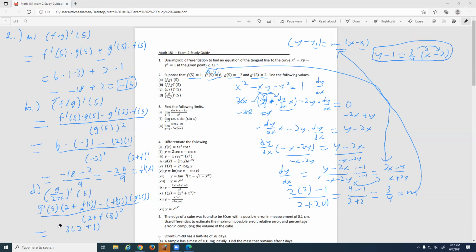So let me go ahead and catch that really quick. All right, so that should just be 2, and then minus, so f prime of 5 is 6, and then g of 5, that's the -3, and then all divided by 2 plus f of 5, which should be 1, all squared.